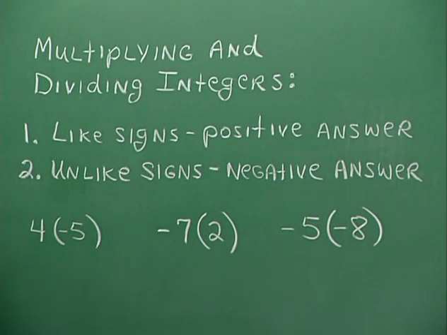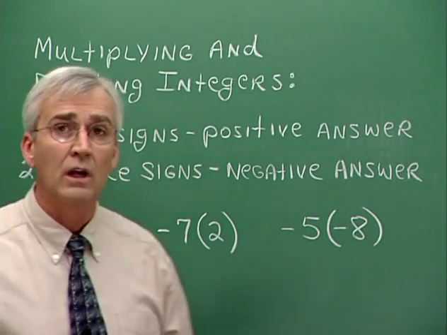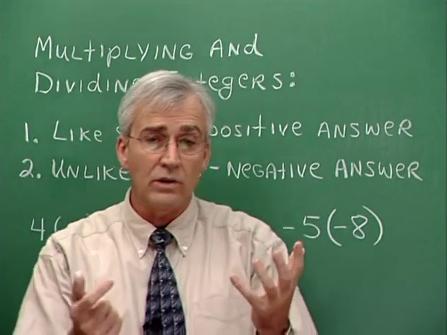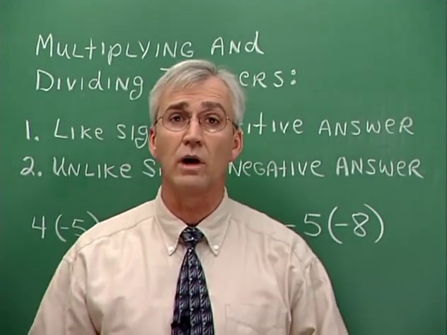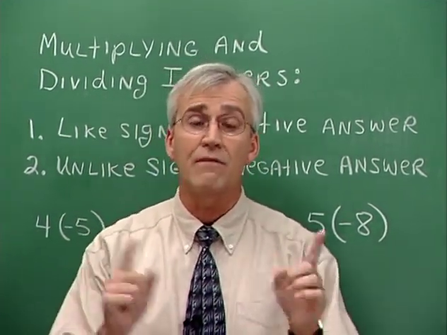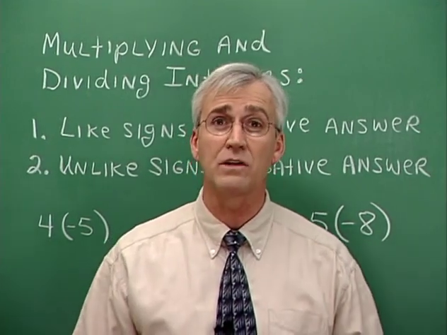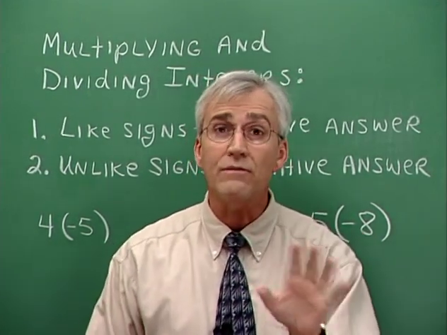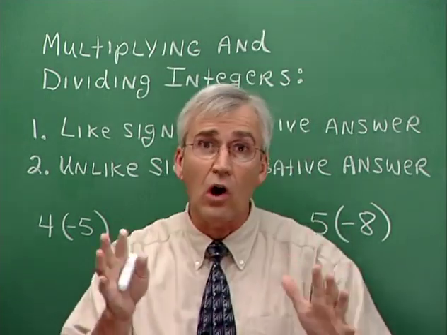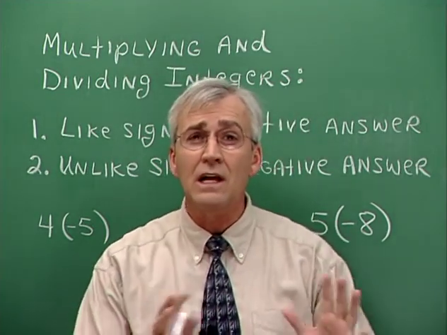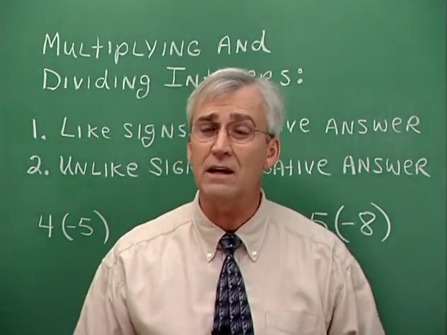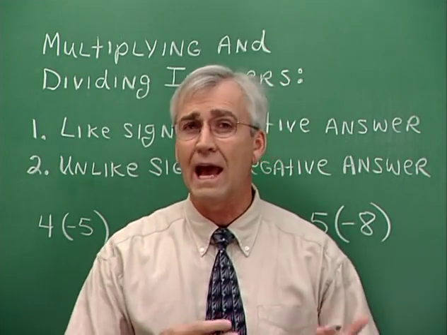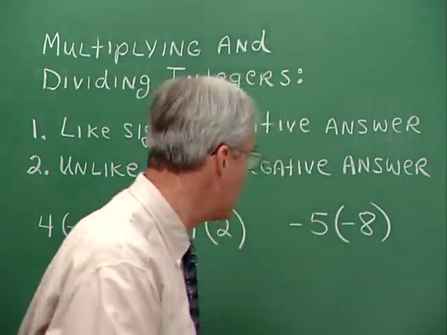So if we're just looking at two factors and we notice that one is positive and one is negative, we're going to get a negative result. If they're both negative, we're going to get a positive result, and that's all there is to it. We don't have to worry about which factor is larger and which one has the negative and the positive sign and that kind of thing like we had to do with adding and subtracting. So this is a good deal easier.